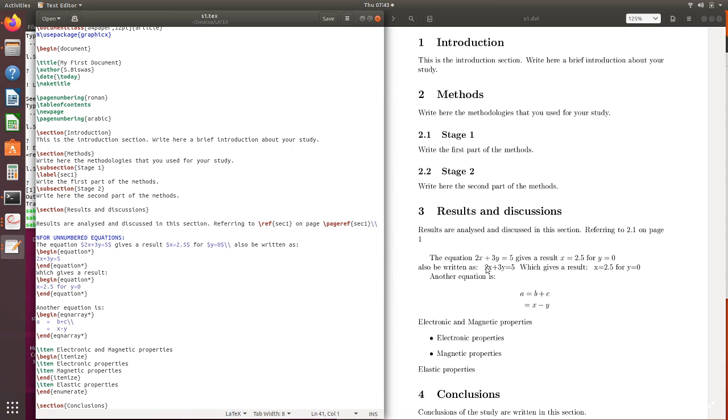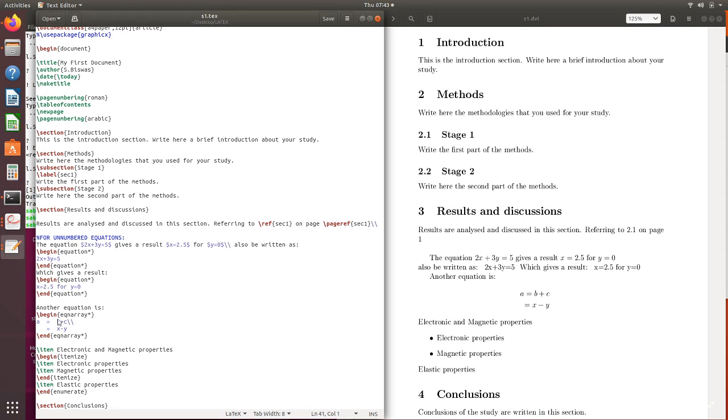Okay, and then which gives a result, begin equation. Here I have used a star, and then I have used another star here. So all these equations will not have any number. And the last one is this. Here we are writing two equalities.